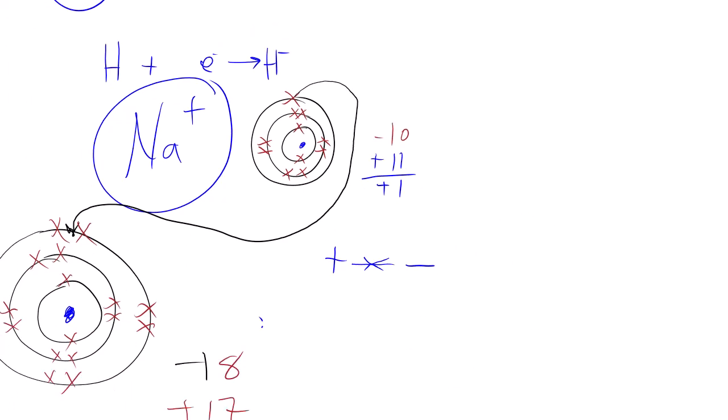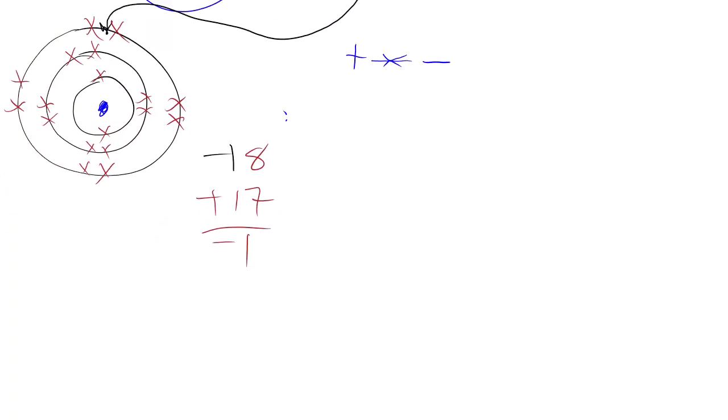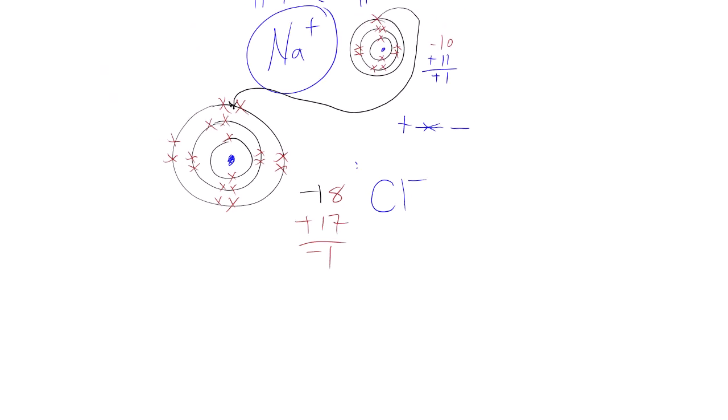And now ultimately you have 2 ions in that place. Chlorine will become Cl, because you have -1. Now we have Cl minus, and for sodium we have sodium plus, as we did here.